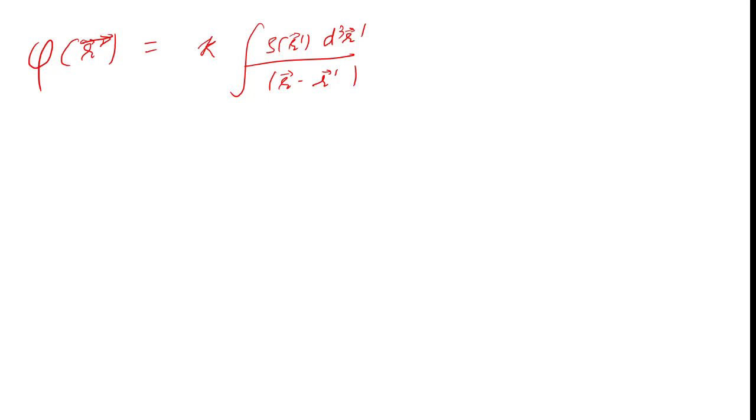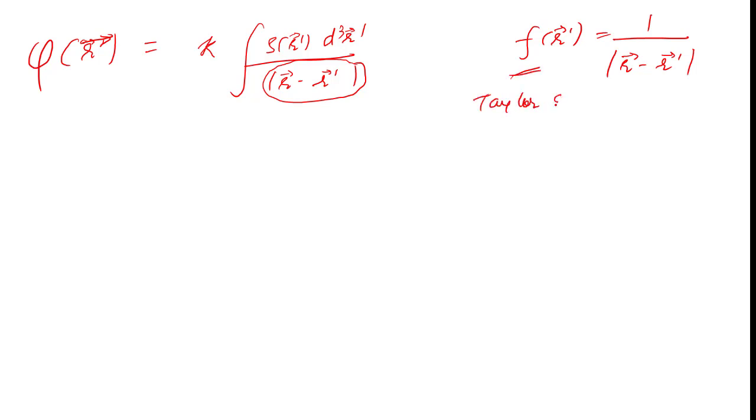So then I can treat this denominator, which is a function of r minus r prime, as a function of r prime. And what we would like to do is Taylor expand this function around the origin. That is, we'll set r prime equal to 0. Right, so we're going to Taylor expand this potential around r prime equal to 0.